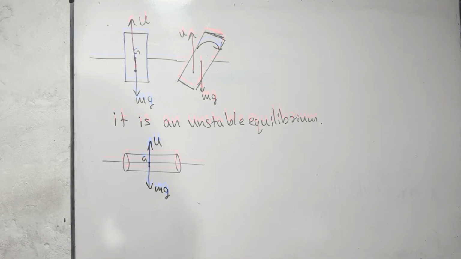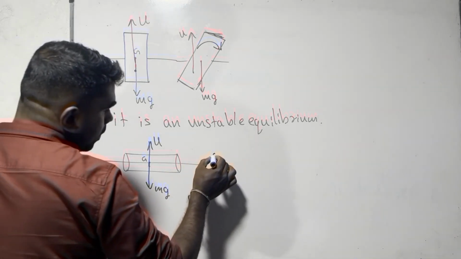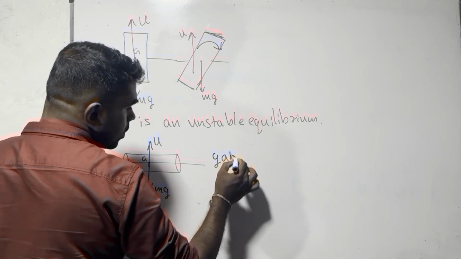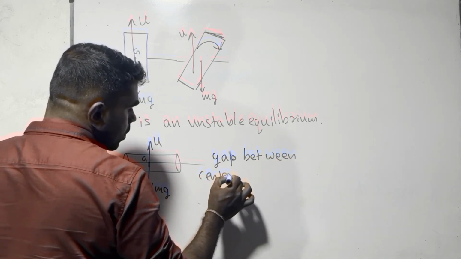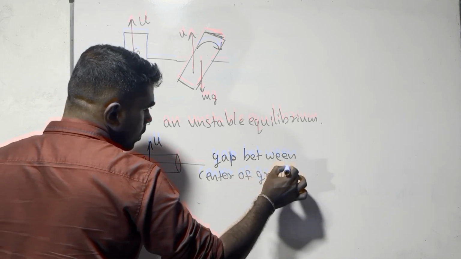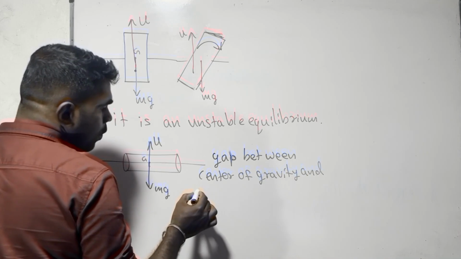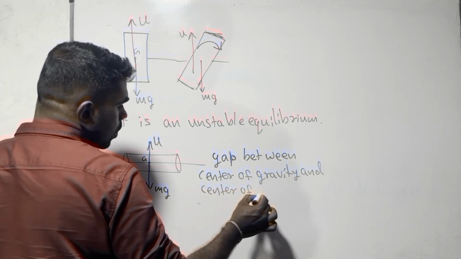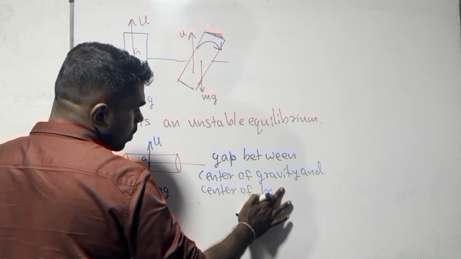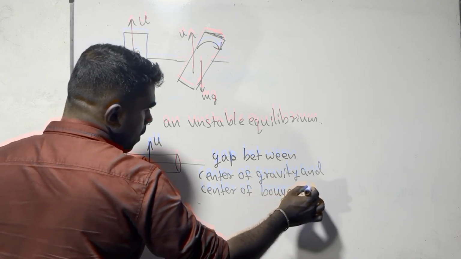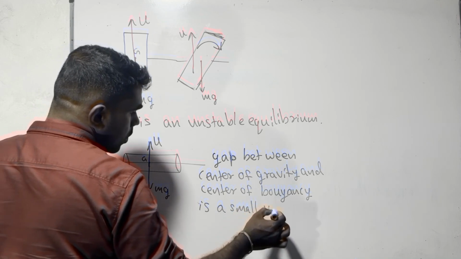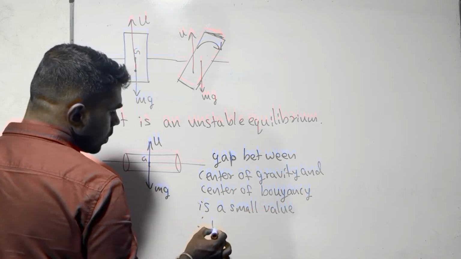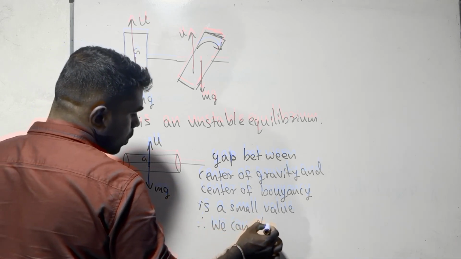Therefore, it is easy to float in this method more than this one. Then we can write, the gap between the center of gravity and center of buoyancy is a small value. Therefore, we can float easily.